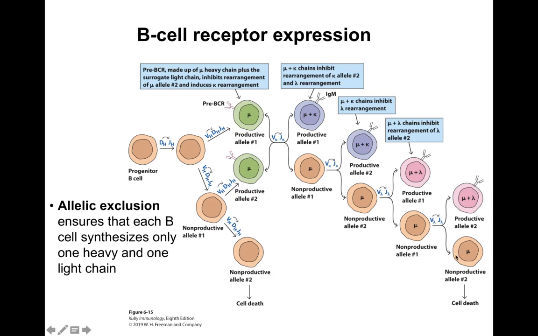If that second lambda gene isn't productive, that cell will then be destined to die because it doesn't want to release any B cells that don't have a B cell receptor on its surface. And so this process ensures that only one allele is expressed for the heavy chain and only one allele is expressed for the light chain.